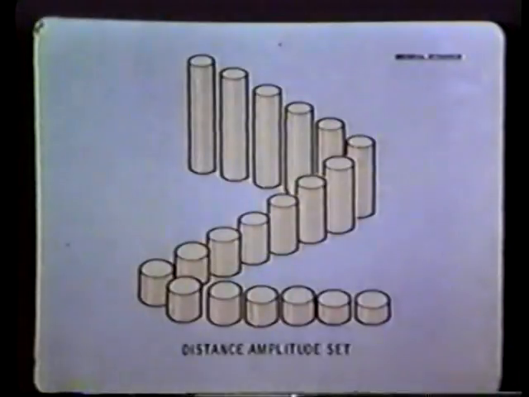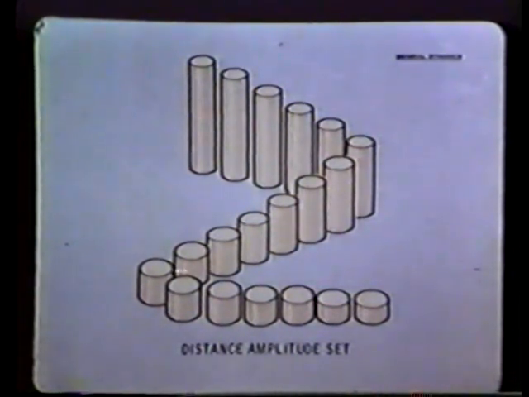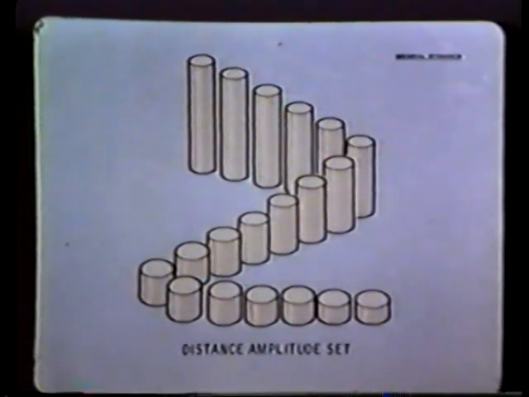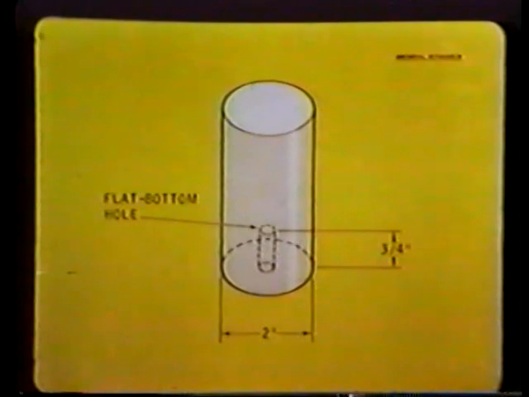Other block sets provide distance amplitude comparison references for discontinuities of the same size, but at different depths. Typical examples are the Alcoa Series B and the HIT distance amplitude blocks, each set consisting of 19 cylindrical blocks, 2 inches in diameter, each containing a 3/4 inch deep flat bottom hole in one end.